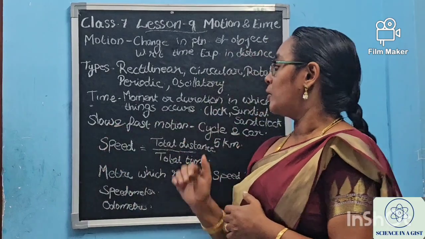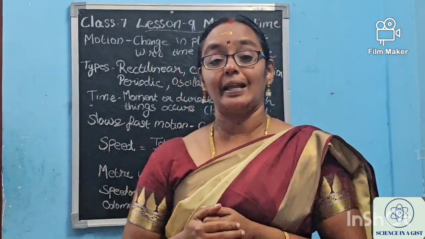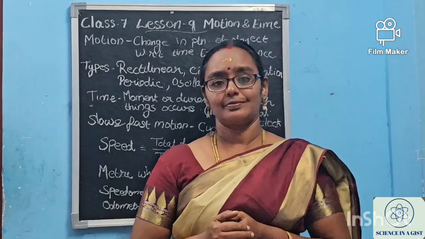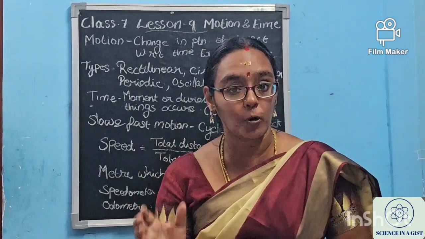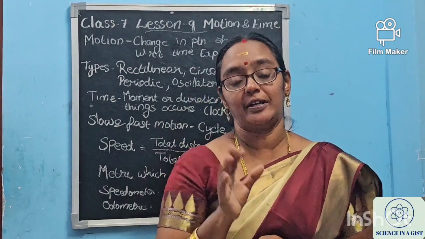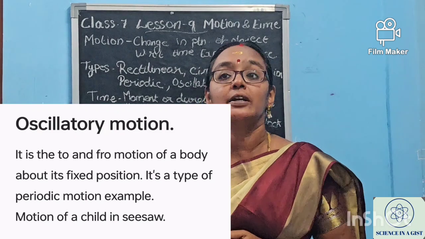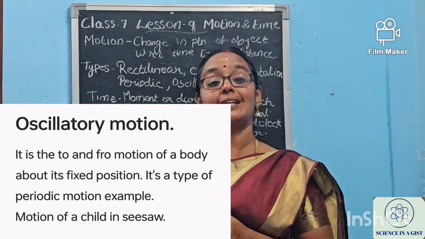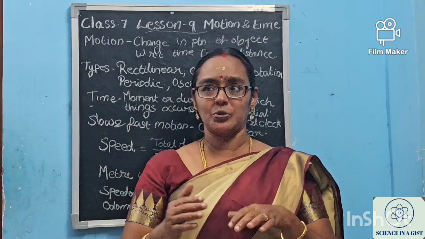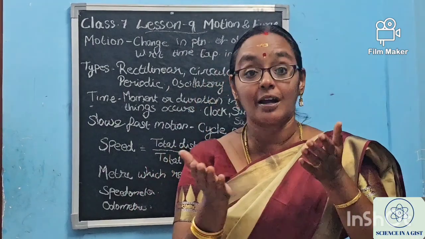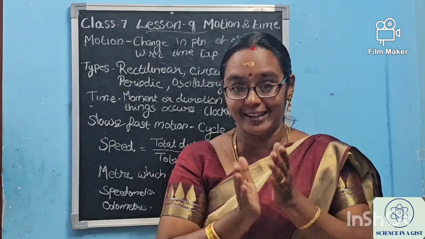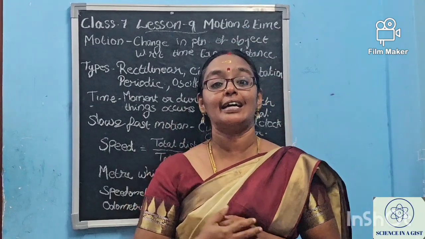In periodic motion, there is one more type, that is oscillatory motion. If a body is at a fixed position at one end and there is a to and fro motion from that fixed point, we can say that it's oscillatory motion.